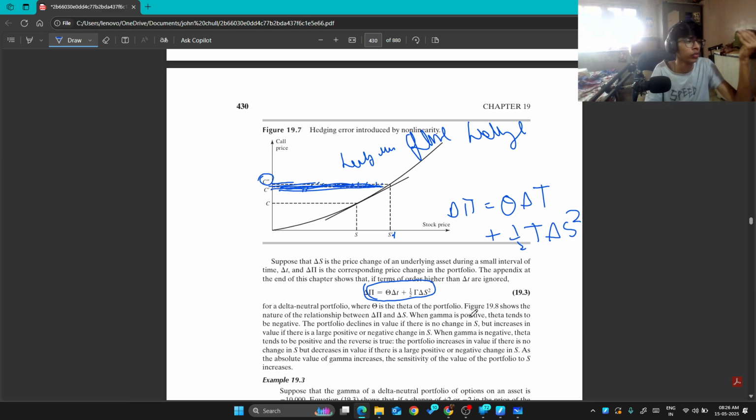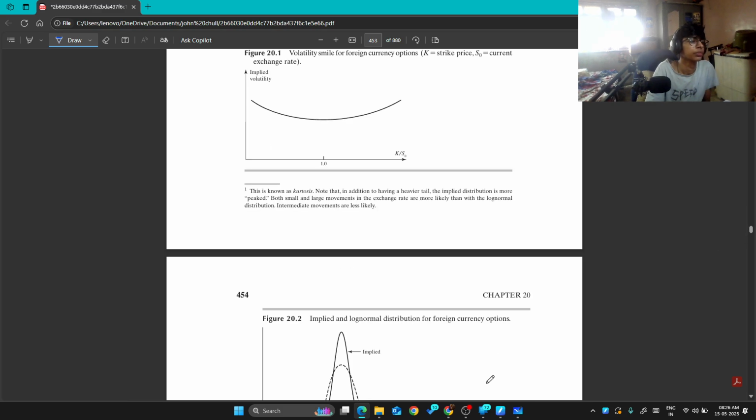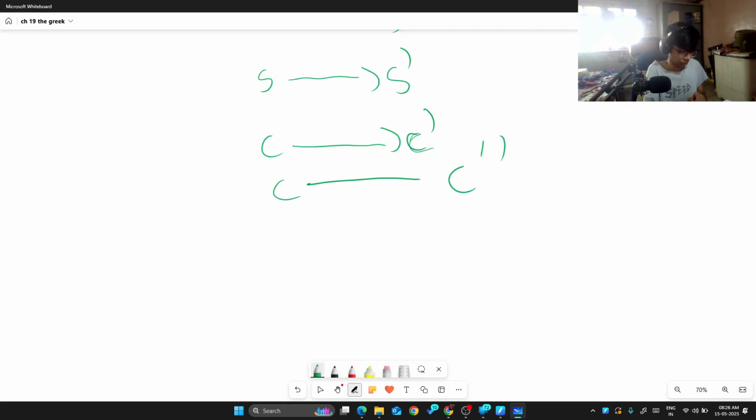I will tell you how. When gamma is positive theta tends to be negative, and when gamma is negative theta is positive, so it has an inverse relation.